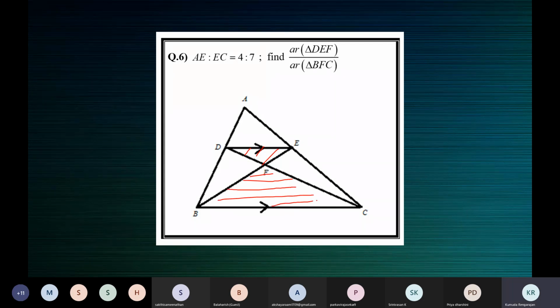We cannot actually find their areas. It's not possible to find their areas. We have nothing about the triangle, so we cannot find their areas. So that means we have to find the ratio.